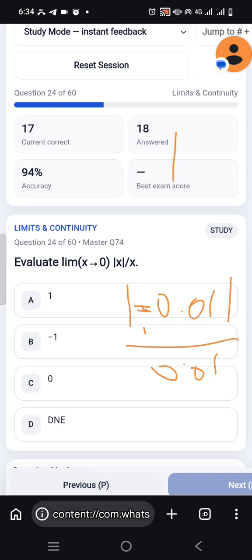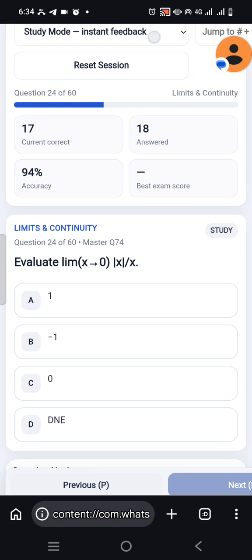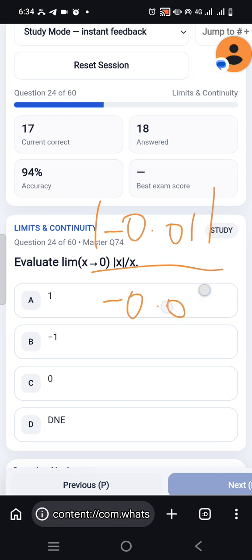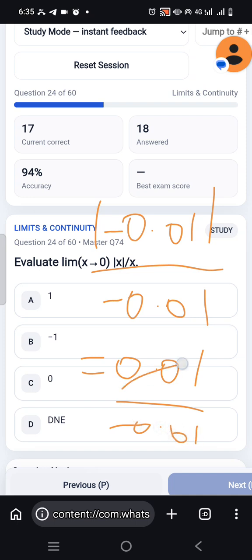So let me now use a positive number. Sorry, there was a mistake here. This is minus 0.01. My s was supposed to be minus 0.01 as well. So this will give me the absolute value, 0.01 all over minus 0.01. So this will cancel, and I'm left with minus 1, right?